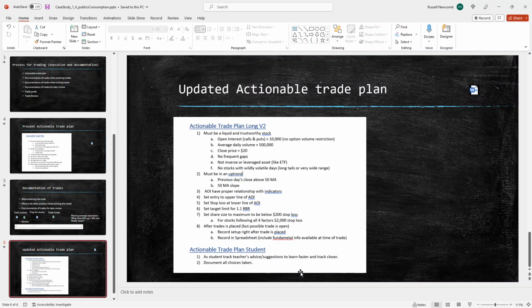But one other thing is he's taking a class and the instructor has a lot of neat suggestions, that type of stuff. Sticking to this trade plan is great, but in order to learn better, he's going to be using trades based upon the teacher's advice and suggestions and documenting what choices he took as far as which entry choice and why.